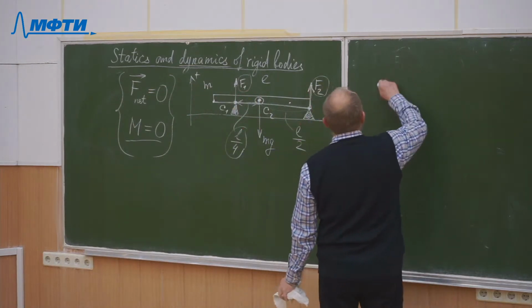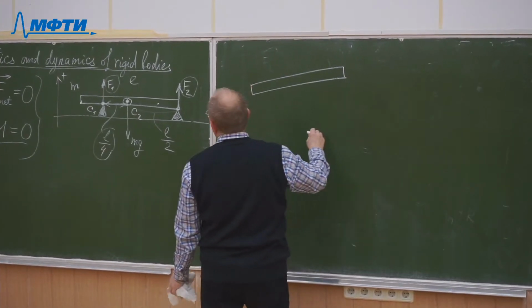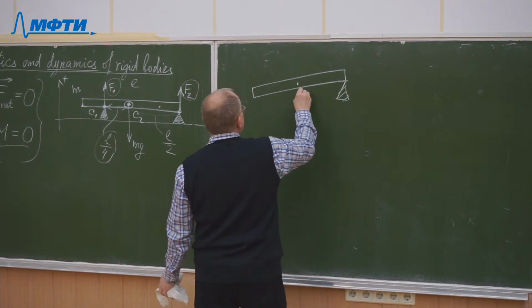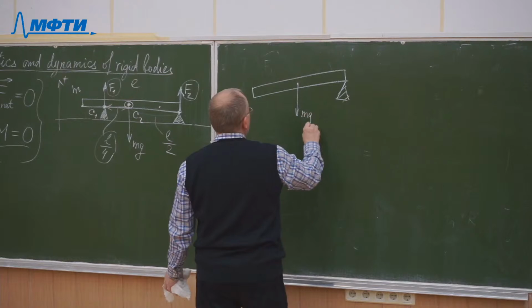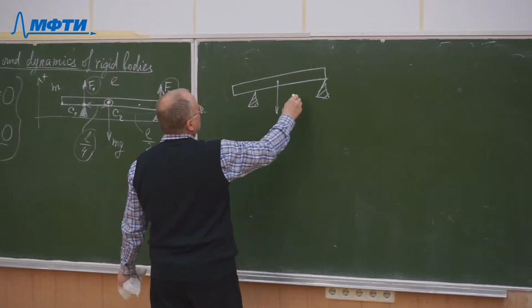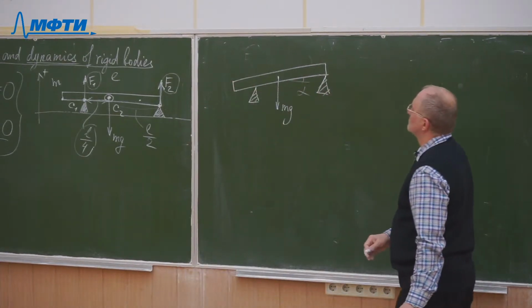The same bar is located in such a situation: here is one support, here is the center of mass, and here is another support. And the bar is at some angle alpha to the horizon.